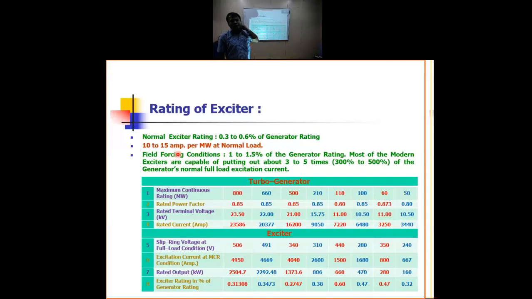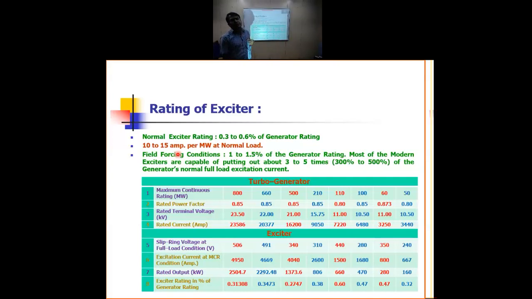All of a sudden, it may be loaded beyond the full load capacity because of fault, or because some other generator is switched off by some other fault. That means ultimately because of fault. So at that time the generator should be instantly capable to supply more than the rated power.